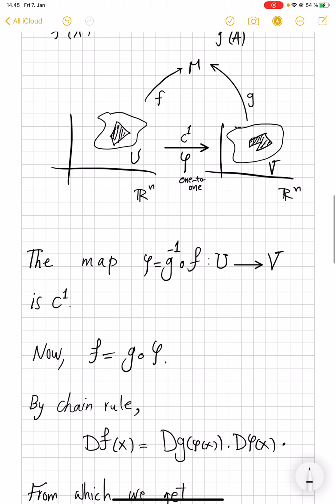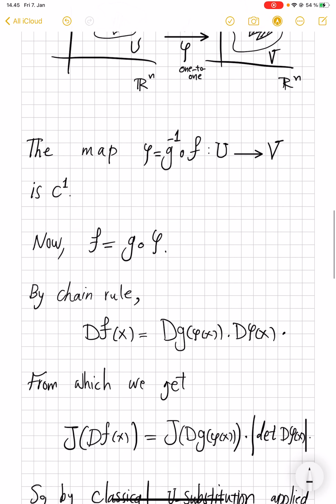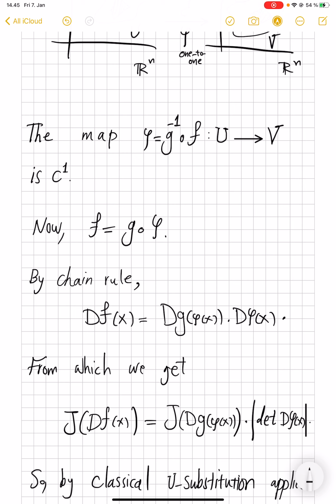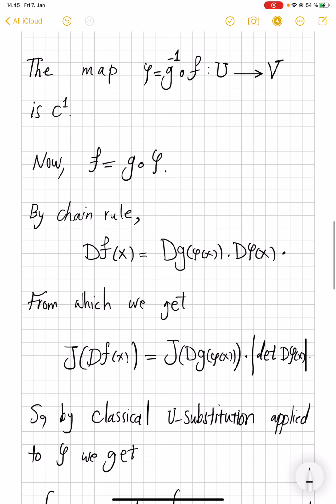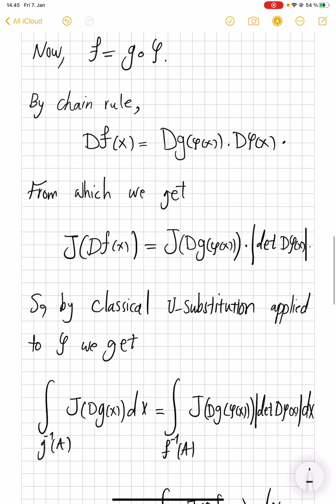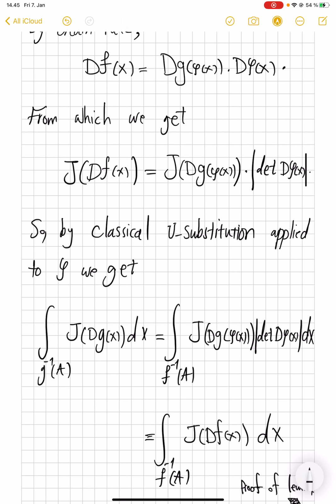So phi first goes between R^n itself, R^n to R^n, and then G goes R^n into R^m. The chain rule still holds, so the derivative of F is the composition of the derivatives of G and phi, and by definition and easy calculation you get the chain rule for the Jacobians. So this will be our key equality here.